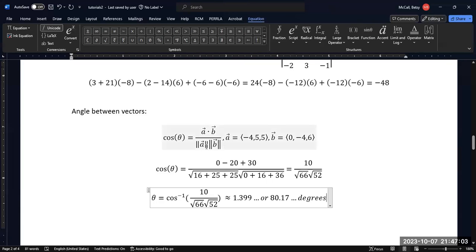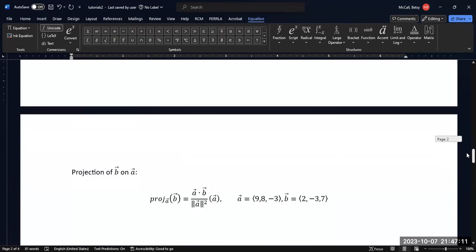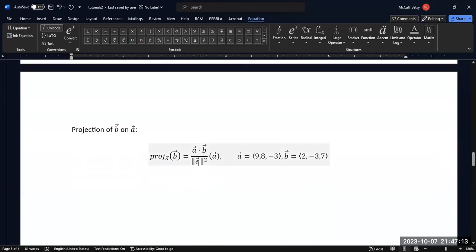Now, this denominator portion of this angle between vectors does sometimes cause confusion for the next example we're going to look at, which is the projection, because the projection has 2 copies of the magnitude of A in the denominator, not one of each. And sometimes what messes people up with the projection formula is that the vector you're projecting onto is in the subscript, and that is the one that gets used over and over and over again in the formula.